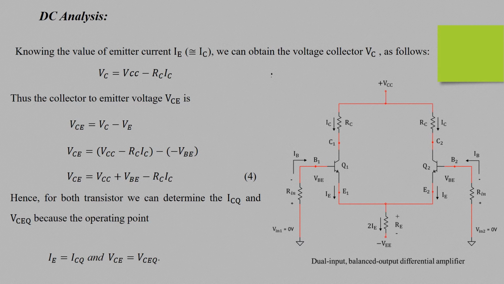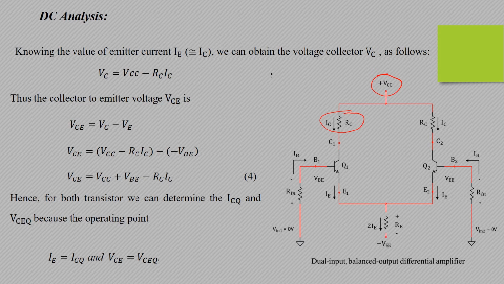So knowing the value of emitter current, which is nearly equal to the collector current, we can obtain the collector voltage as VC equal to VCC minus RC IC, where RC is the collector resistance and IC is the collector current.